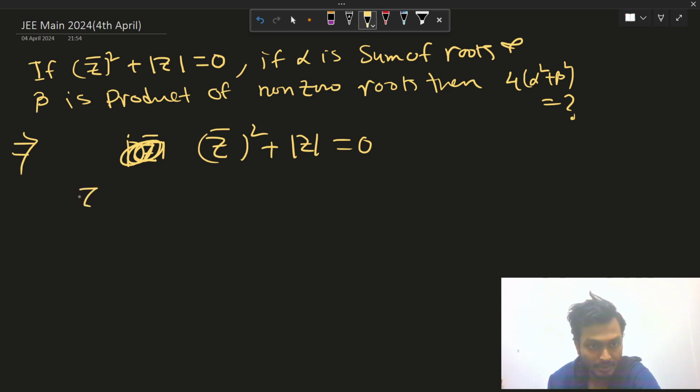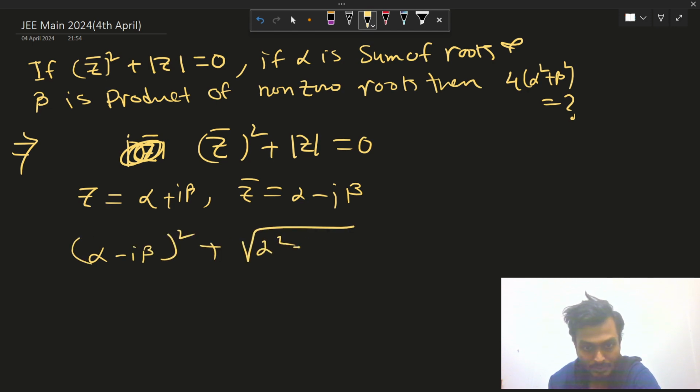So if you take z equals alpha plus i beta, then what will be z bar? z bar will be alpha minus i beta, right? So if we put here, alpha minus i beta whole square plus root over alpha square plus beta square, this will be 0.